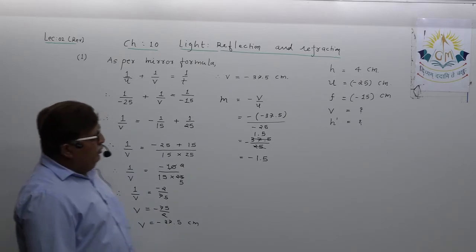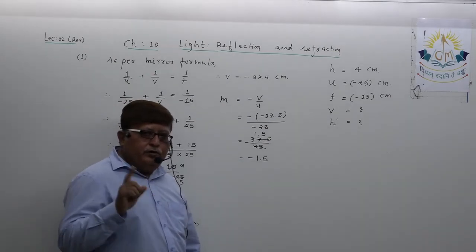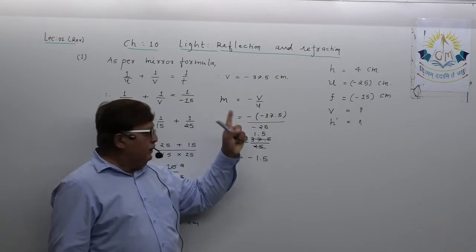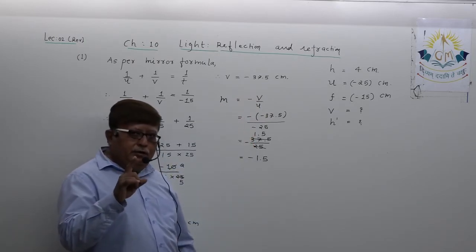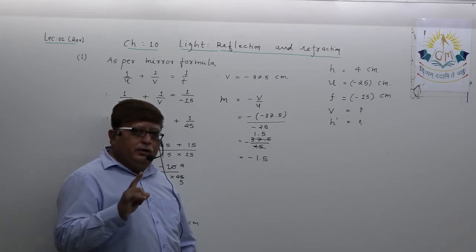Now dear student, you just catch the basic of the sum. When v is negative, you will get m also negative because the image is real and inverted.